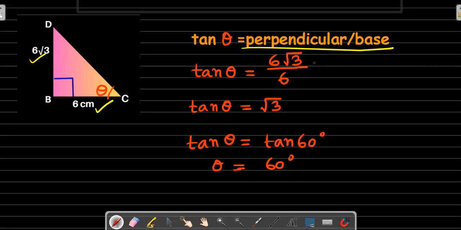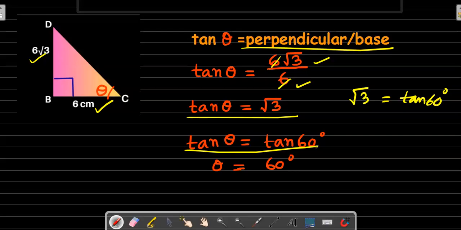So BD is 6 root 3 and BC is 6 cm. So 6 and 6 get cancelled out. So we get tan theta is equal to root 3. We know that root 3 is the value of tan 60 degrees. Therefore tan theta is equal to tan 60 degrees, and now we get theta equal to 60 degrees. So this angle C is 60 degrees.